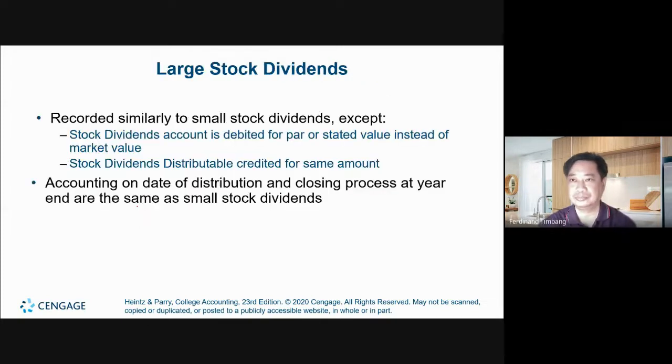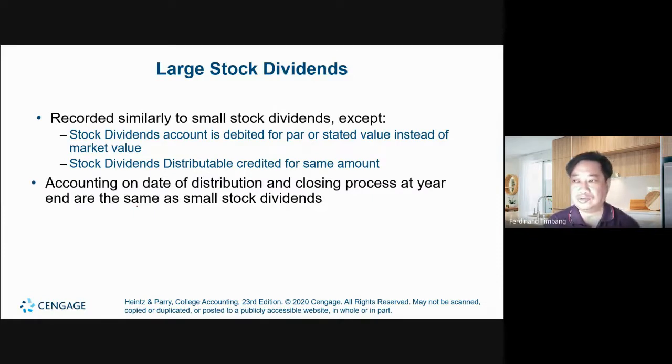Okay, so large stock dividends are recorded similarly to small stock dividends, except the stock dividends account is debited for par or stated value instead of market value. The stock dividends distributable is credited for the same amount.